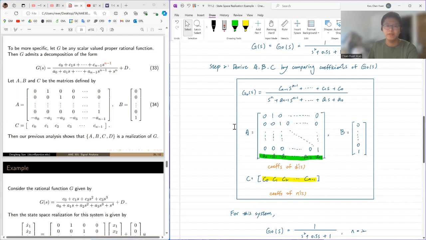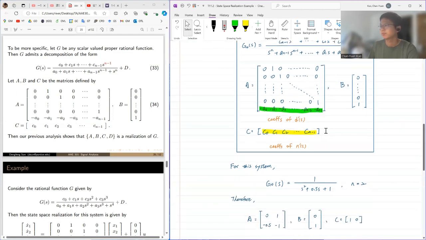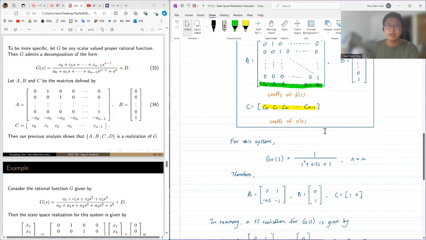Step 2. Derive the matrices A, B, and C by comparing the coefficients of G0 of s. Here, the degree of the denominator polynomial is 2, so the number of state variables n is equal to 2.